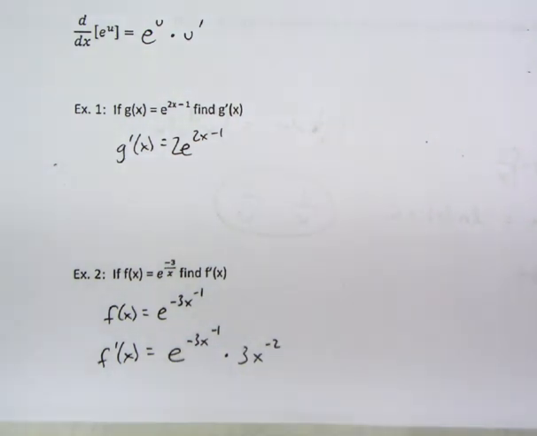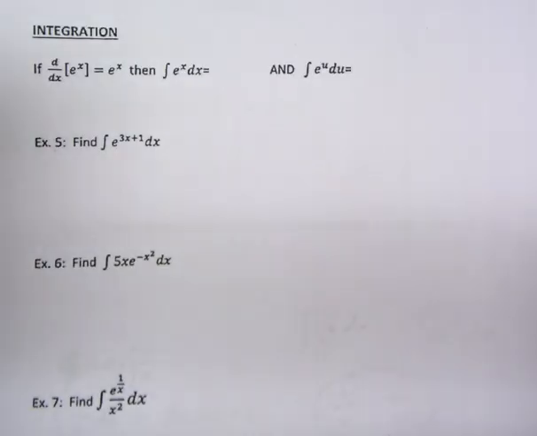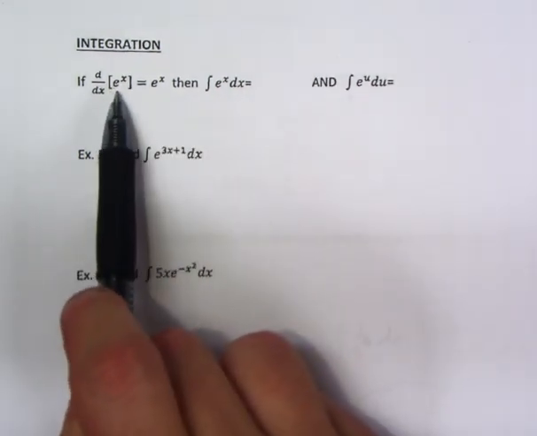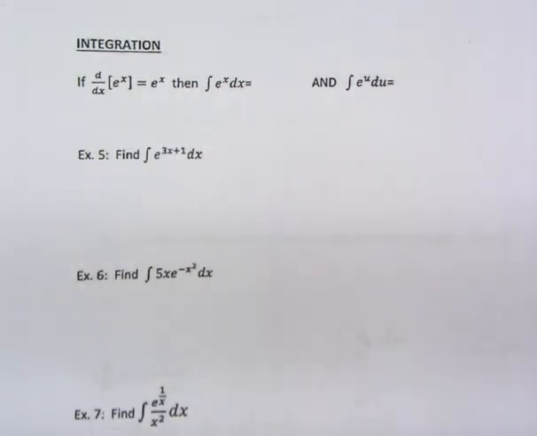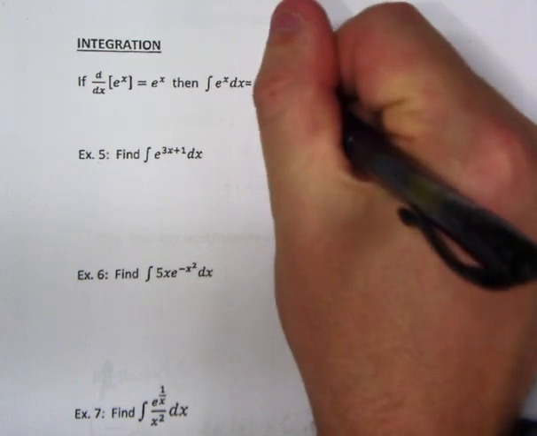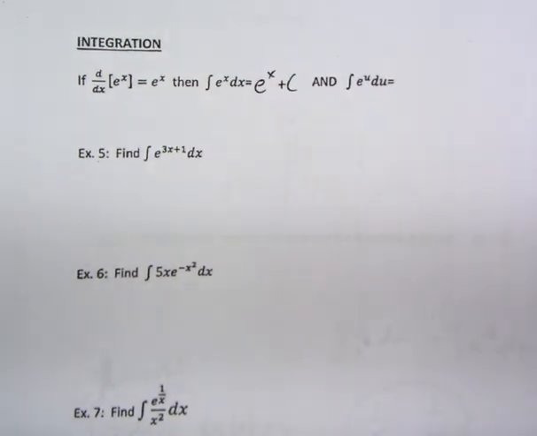Alrighty, we're going to skip 3 and 4. Let's talk about integrating. Well, again, just like the derivative of e to the x is e to the x, if you integrate e to the x, you get back to e to the x plus c. Don't forget about plus c.